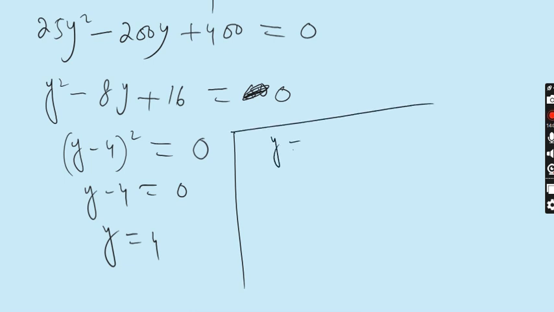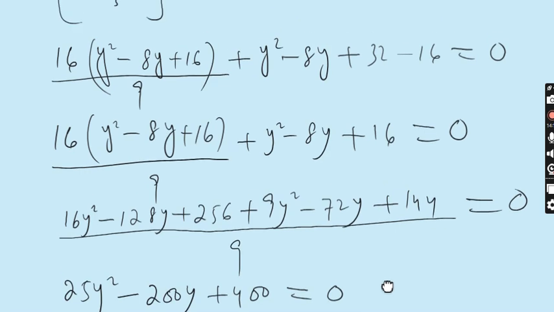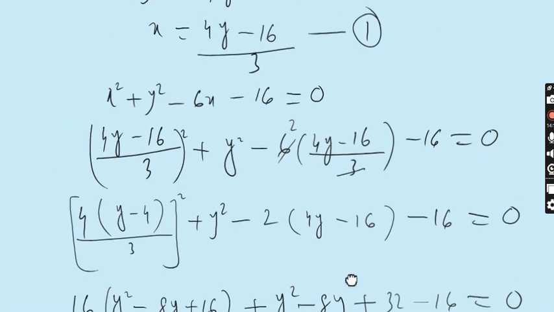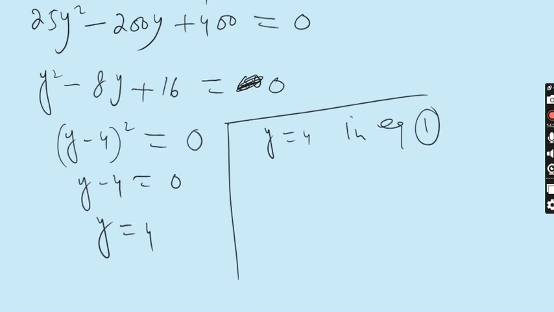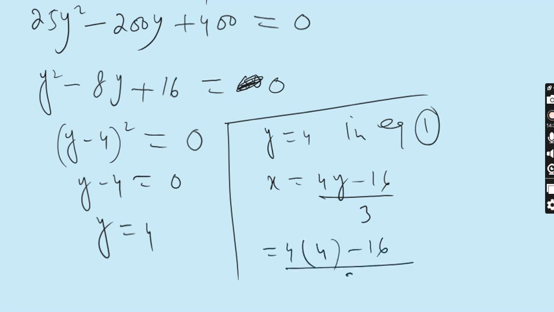Put this y equals 4 in equation number 1. What is equation number 1? x is equal to (4y minus 16) upon 3. 4y, y is 4, minus 16 upon 3. 4 4s are 16, minus 16 upon 3. 16 cancel, 0 upon 3 is 0.